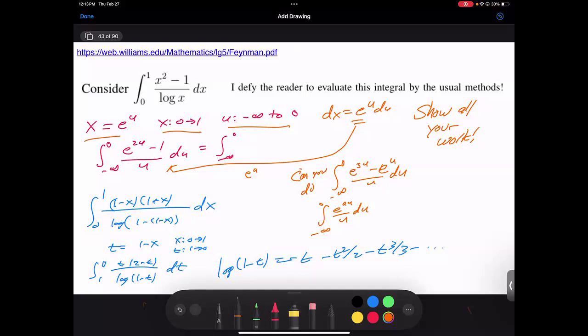Taylor expand it, right? This would be the same as the sum, n goes from 0 to infinity, of the integral from minus infinity to 0 of (au) to the n over u times n factorial. Well, you know what? Let's just make that an n minus 1 and put an n factorial there. Is that okay?